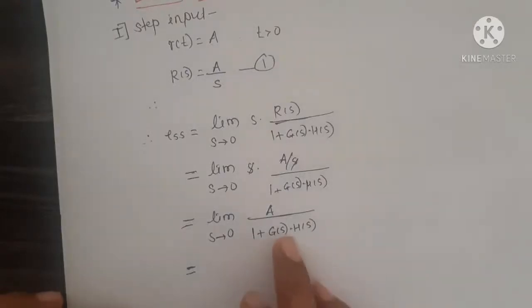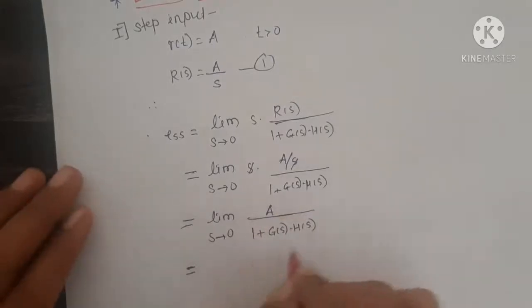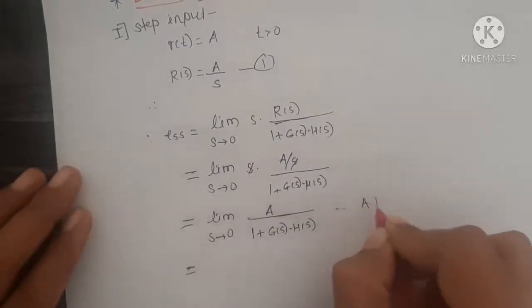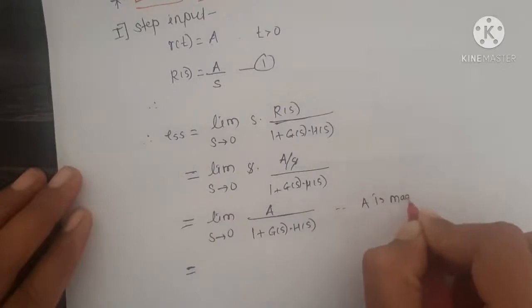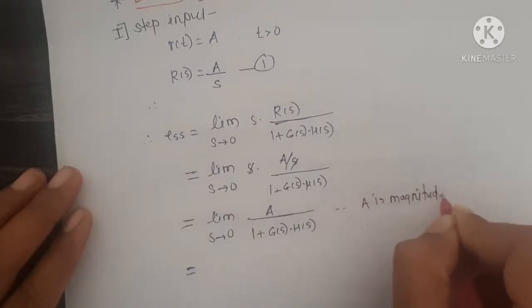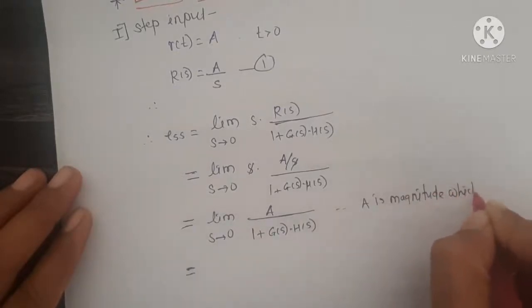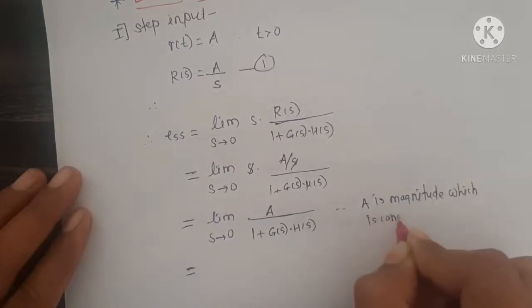Here A is a magnitude, which is constant.